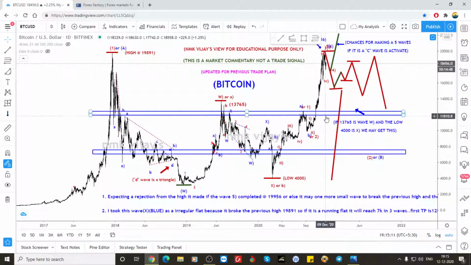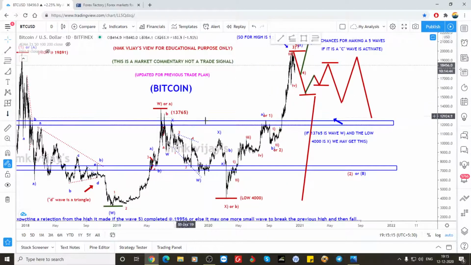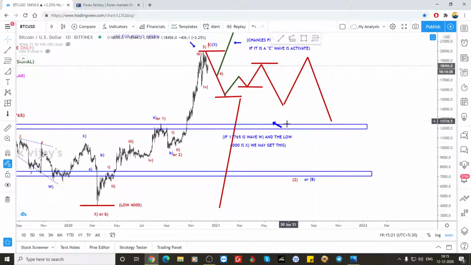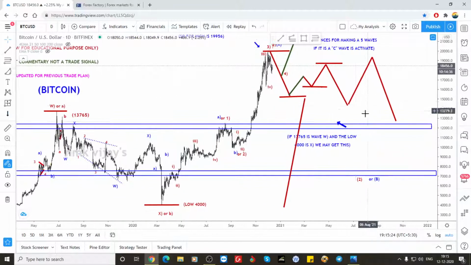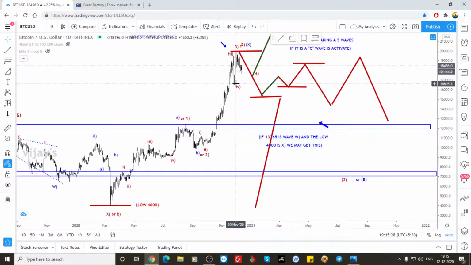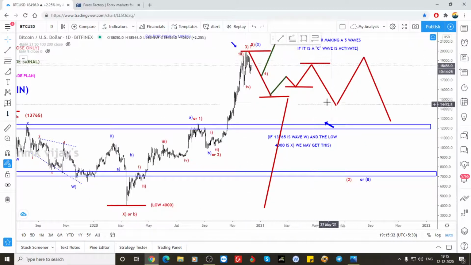If from here itself it declined, then this is W, X, A, B, and C. So that is my view. There is no change here. If you want, you can go through my previous video from last Sunday, where I explained that. So that is still valid.